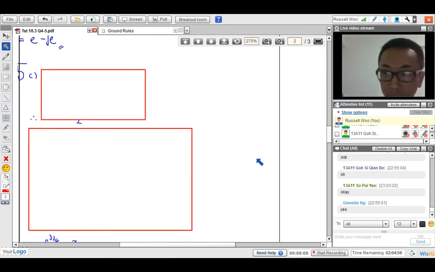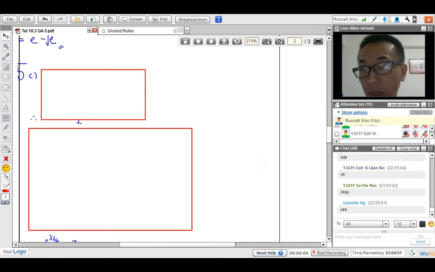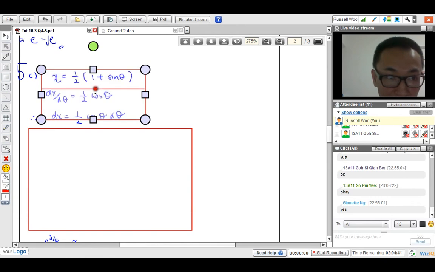5C. Now, 5C, let's take a look. Substitution. This is, I think, one of the more difficult ones. Never mind, we will try. This is a given substitution.